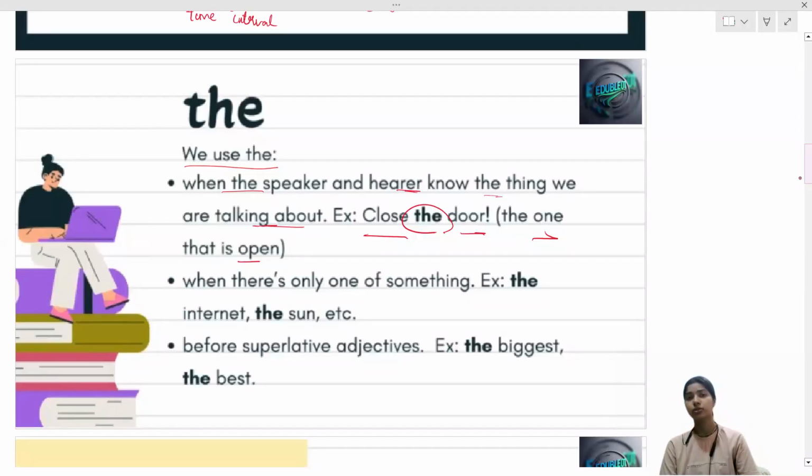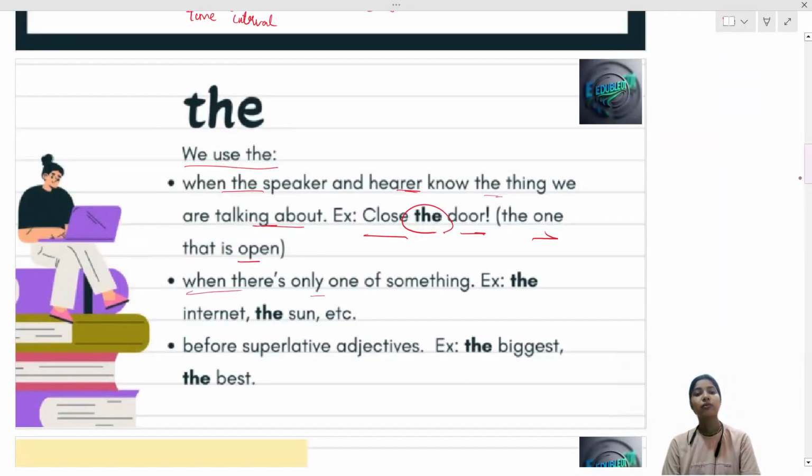Right? There's no confusion in this. So when the speaker and the hearer both know what thing we are discussing, there we use the article the.